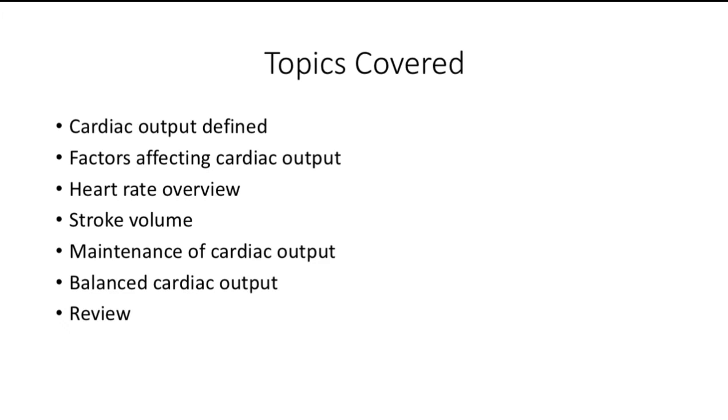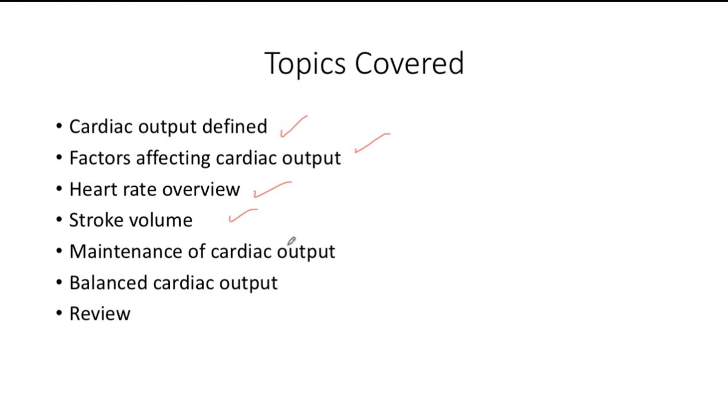But anyway, cardiac output. What I'm going to do is define what cardiac output is, and then we'll talk about some of the factors that affect it, the two main variables, heart rate and stroke volume, the direct effects they have on cardiac output, and essentially how we use those two to regulate it.